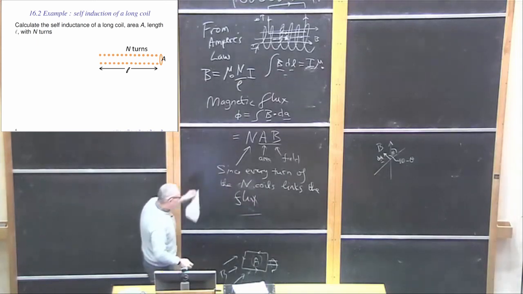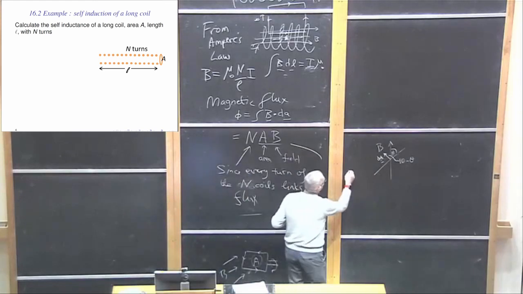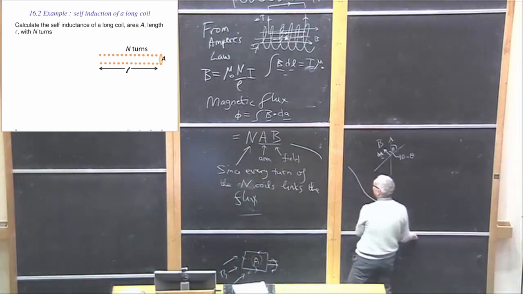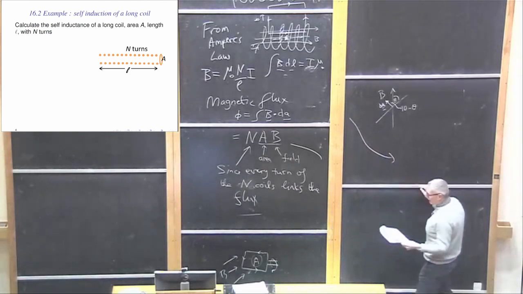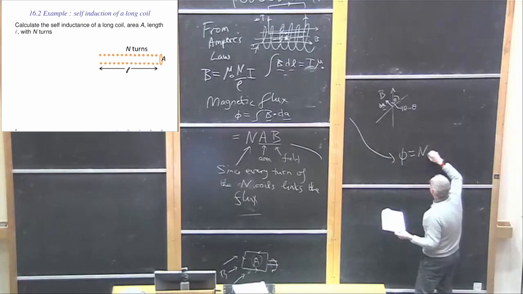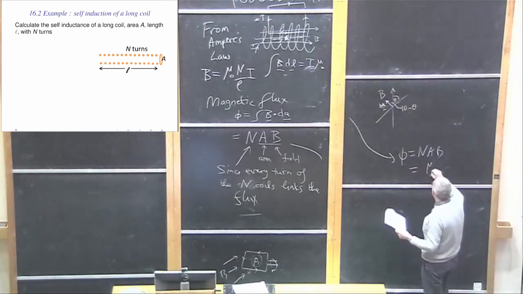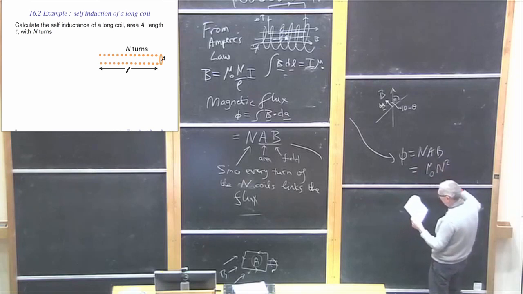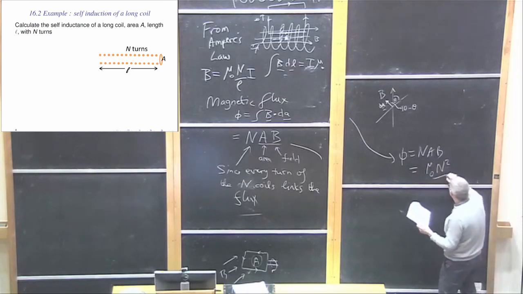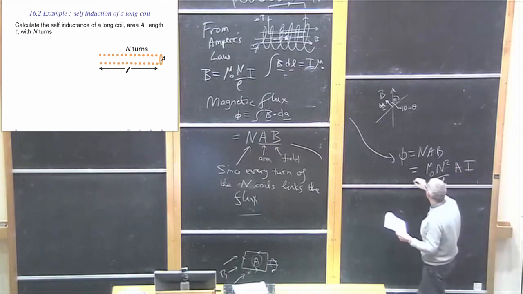So from here I can write phi is NAB, which equals mu naught n squared, substituting for B, over L A times I.